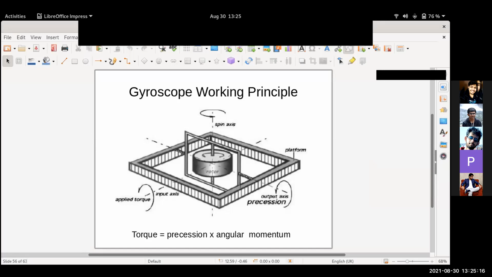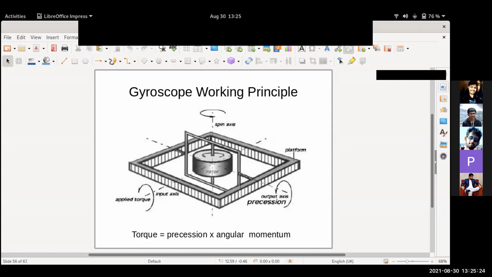You can imagine the situation when the applied torque axis and the spin axis are coinciding, the inner gimbal did not rotate.